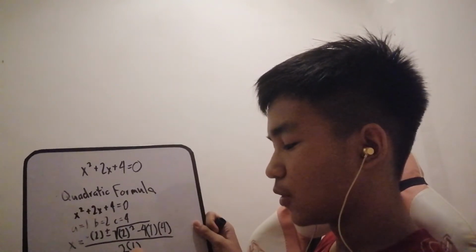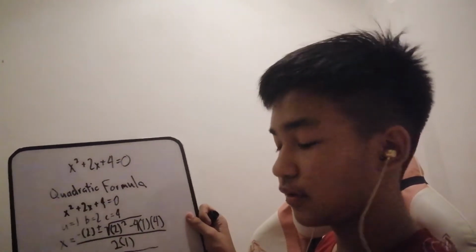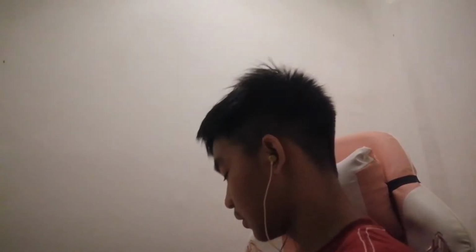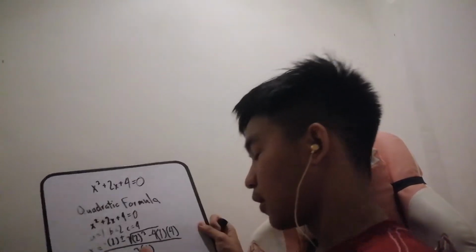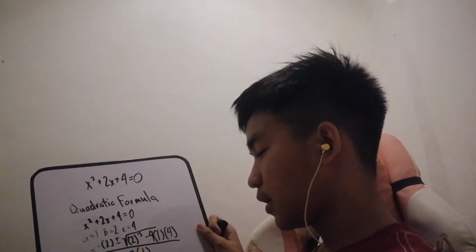And now, at the next step, we will have two solutions. So we will split it. The first solution will be x equals negative 2 plus the square root of 4 minus 16, which is negative 12, over 2.